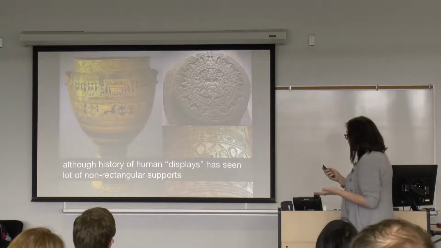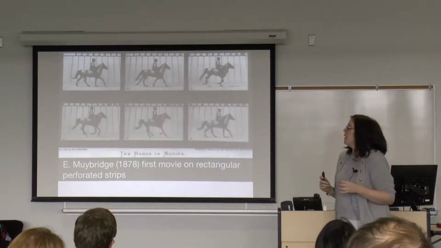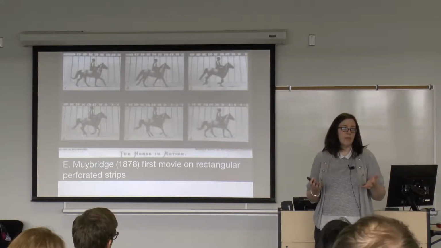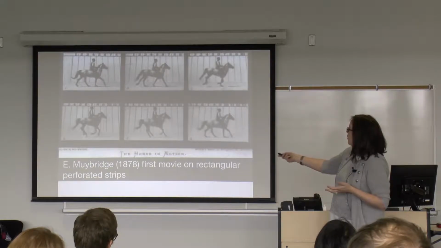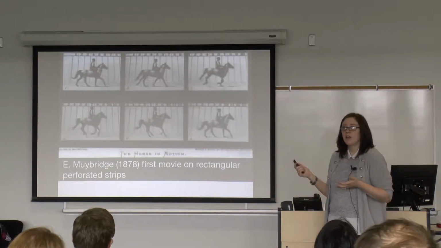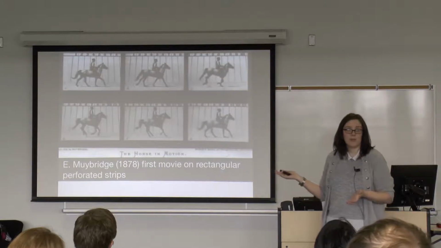So why do we have rectangles? Essentially, to simplify, it comes from the movie industry. When the first movies were created, they were printed on a perforated strip, which was rectangular. So we adapted the TV to match those strips.